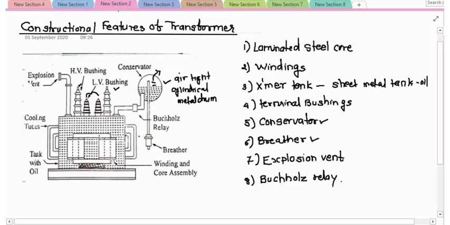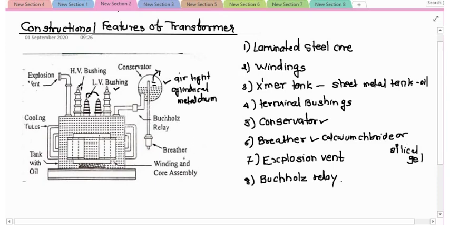The breather contains a drying agent such as calcium chloride or silica gel, which extracts the moisture from the air.